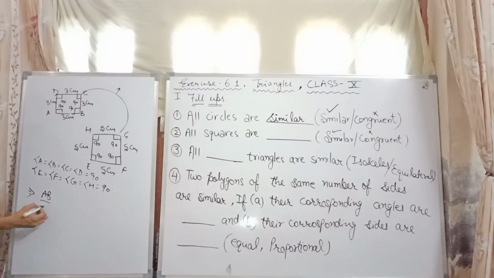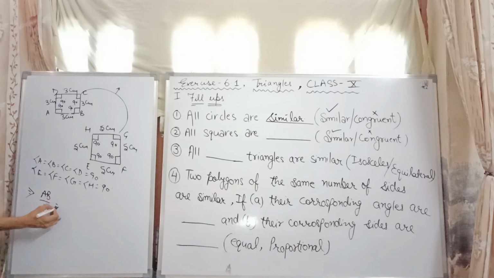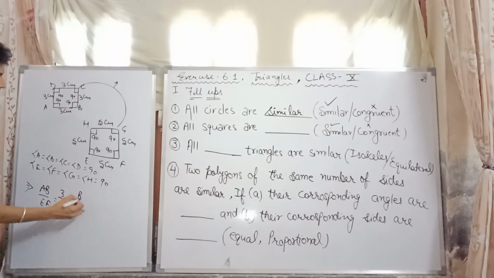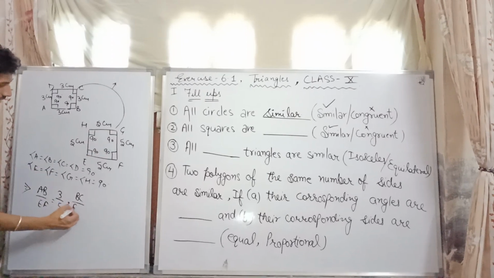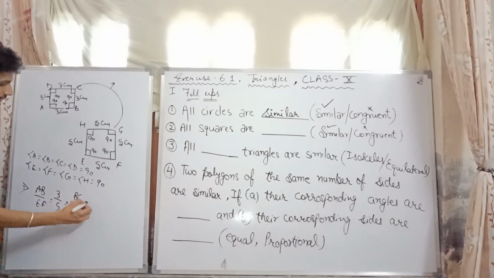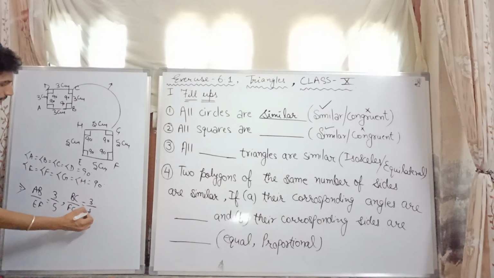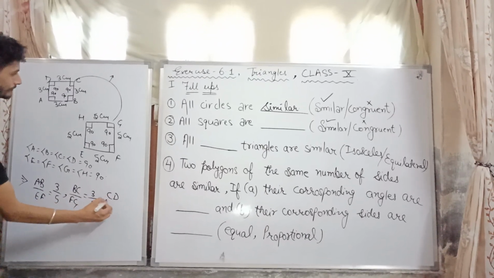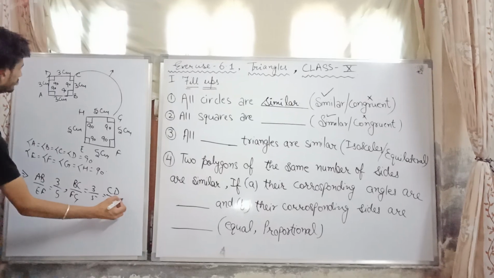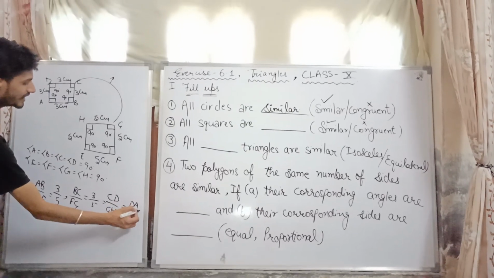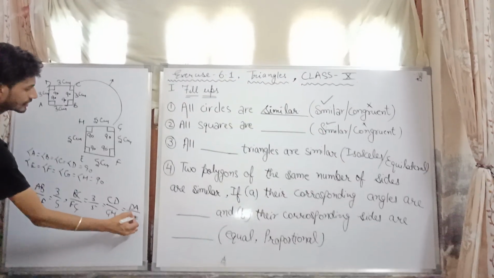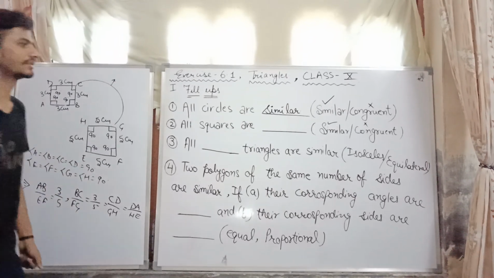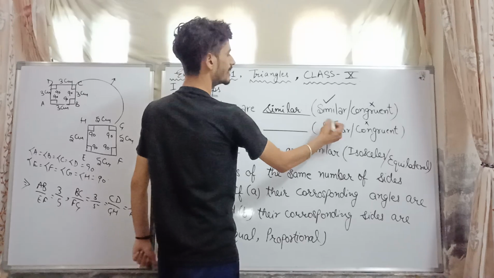AB upon EF is 3 upon 5. For the next side, BC upon FG is also 3 upon 5. Similarly CD upon GH, and DA upon HE. So the proportions for both squares are equal. So all squares are similar but not congruent.